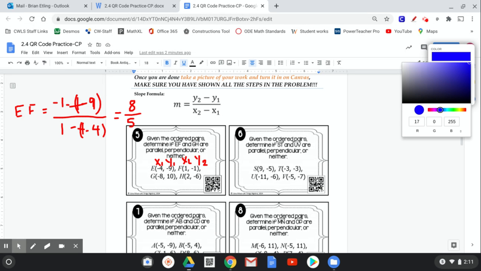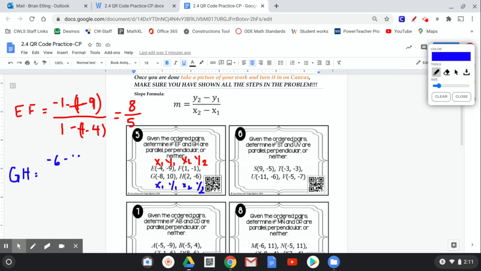So then in the next thing on your paper, you're going to find GH. So set it up as, hey, GH, we're going to find the slope. So label our points, x1, y1, x2, y2, okay? When you do this, you're going to get -6 minus 10, all right? And then 2 minus a -8, okay?